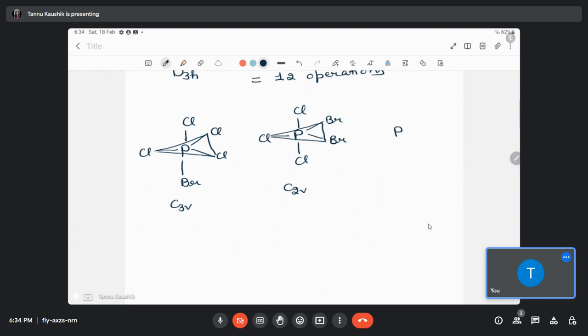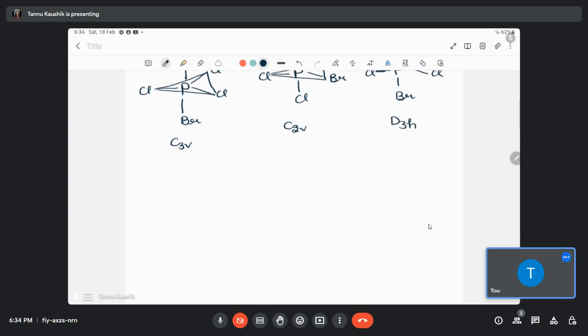So here we substituted the equatorial chlorine atoms, but if we substitute the axial ones, then you will get D3H point group.